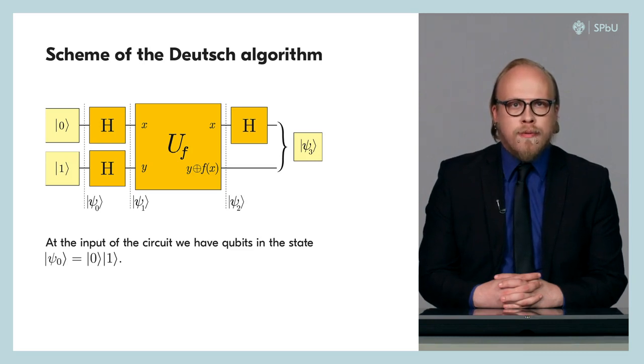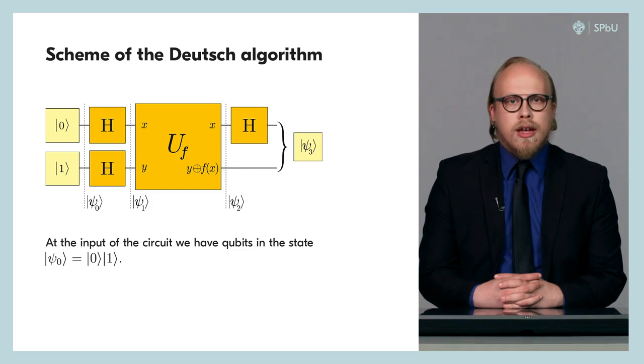It will be convenient for us to introduce a timeline to gradually describe the operation of such a scheme. In the scheme, the most important points in time are indicated by dashed vertical lines. But here we have changed the notations, and instead of the time points T0, T1, and T2, we introduce the states of the qubits that correspond to these time points, that is, psi0, psi1, psi2, and psi3.